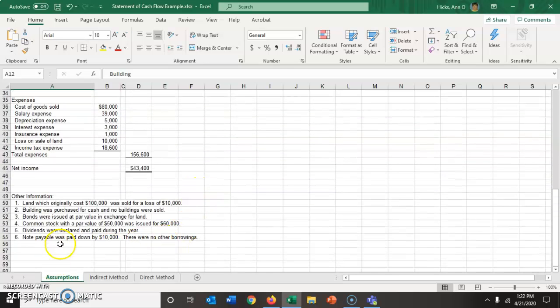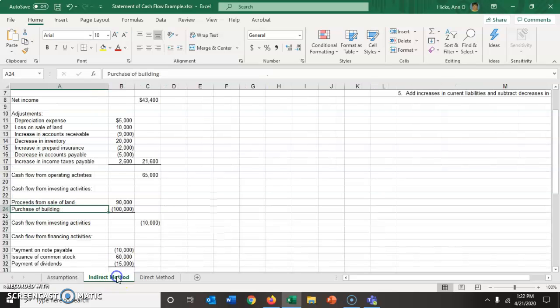Again, we're going to go down to our information from the general ledger, and we find that a building was purchased for cash and no buildings were sold. What that tells us is that that $100,000 increase in the building account is totally related to this purchase of building. So we will have purchase of building, and notice it's a negative $100,000 because if we bought the building, that's a cash outflow.